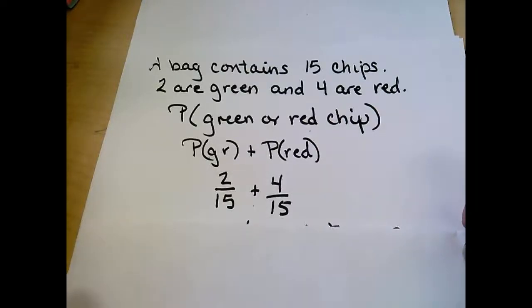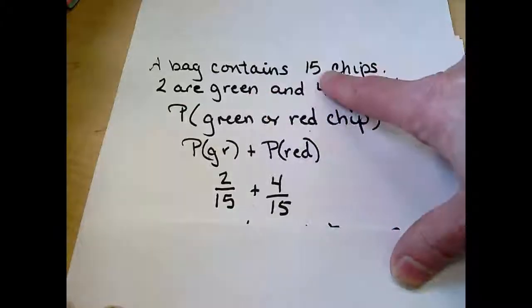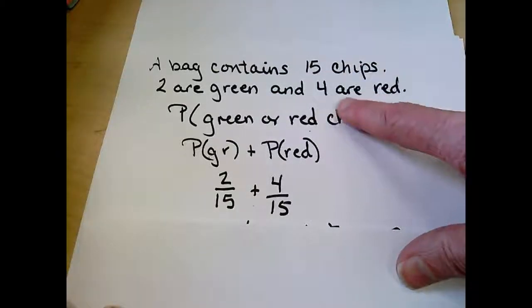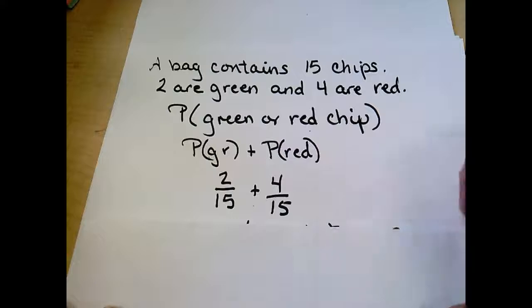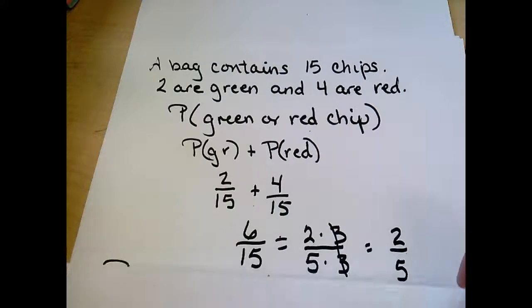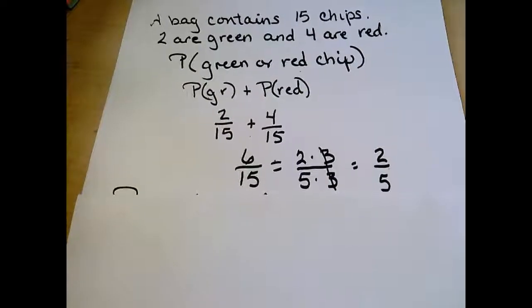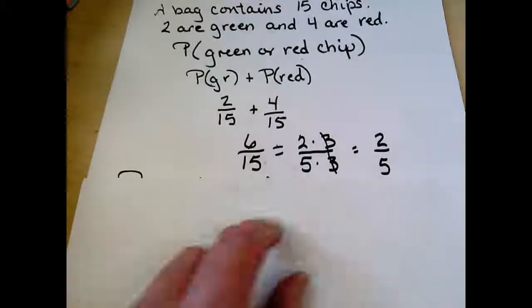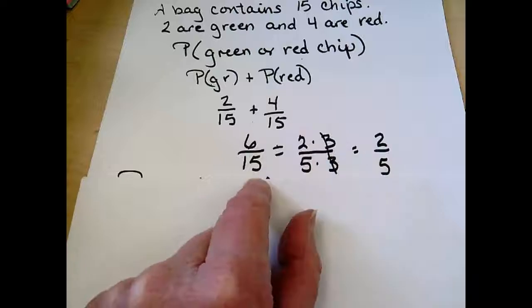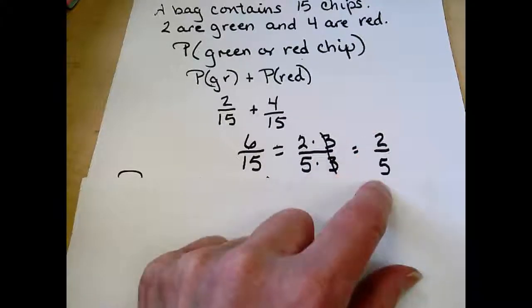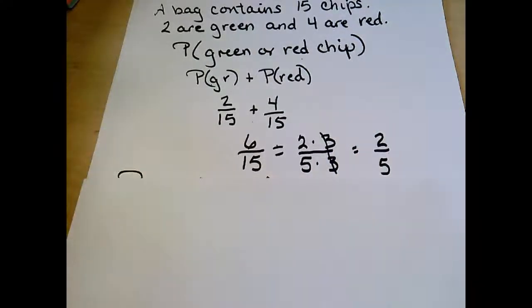So the probability of green, there were 2 out of 15. Probability of the red is 4 out of the 15. Add them together and you get 6 out of 15. Make sure you always simplify your fractions. So again, 6 is 2 times 3. 15 is 5 times 3, so you get 2 out of 5 chance of getting a green or a red chip.